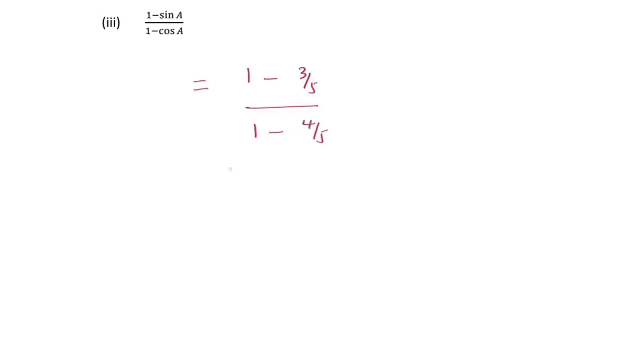Solving this, we are having 2 over 5 over 1 over 5. Rearranging this, we are having 2 over 5 times 5 over 1, of which after solving the values, we are getting 2. And this is going to be our answer.